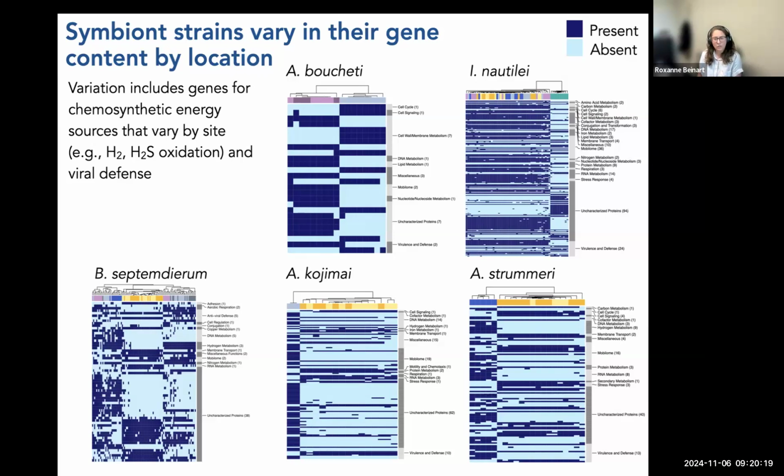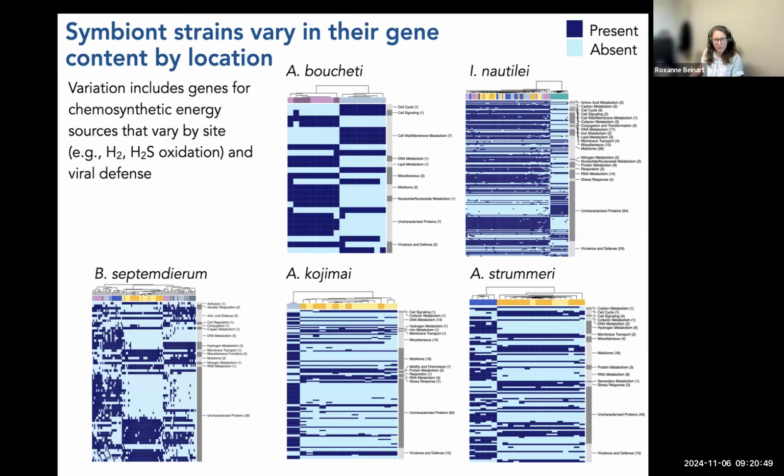And in fact, yes, we do see variation in their gene content by site. So we see that they either have or are absent genes that are related, for example, to hydrogen oxidation or sulfide oxidation. We also, interestingly, see a lot of variation in the genes that they have for interacting with viruses as well. So it seems like there also may be the potential for local adaptation to be occurring in terms of their interaction with local virus populations too.